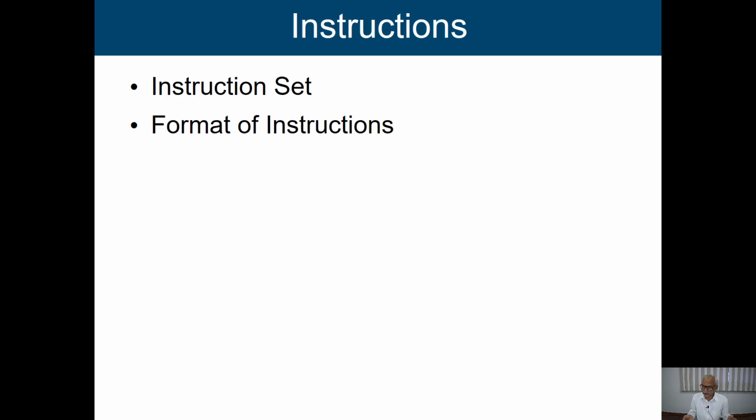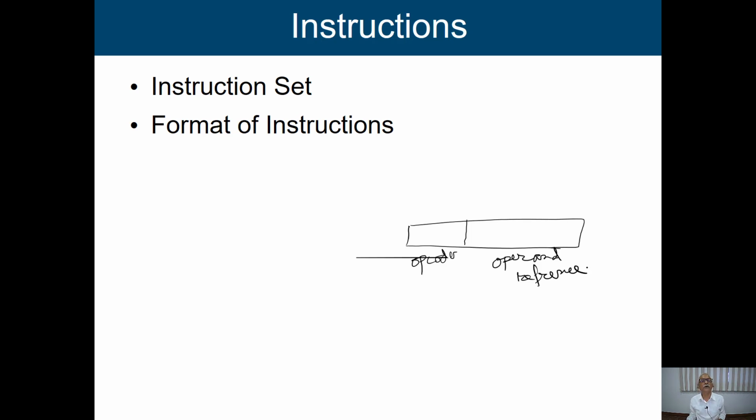In the last class, we said that in a very simple way, we can have an instruction of this particular format. Some bits represent the opcode or operation code, and the remaining bits are used to give a reference to the operand, the operand reference or address of the operand.